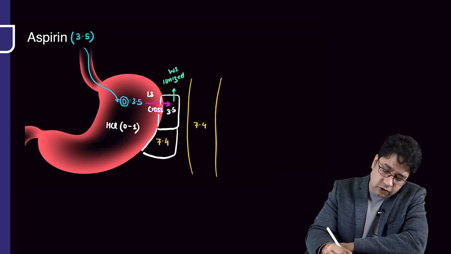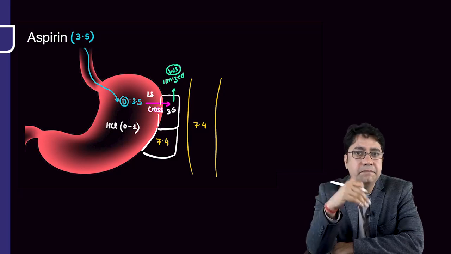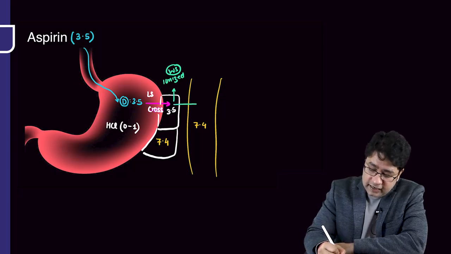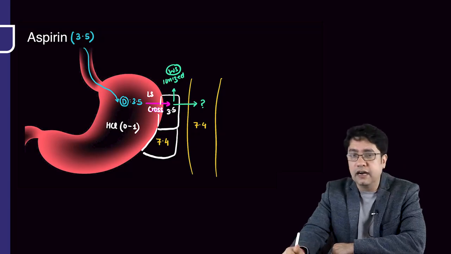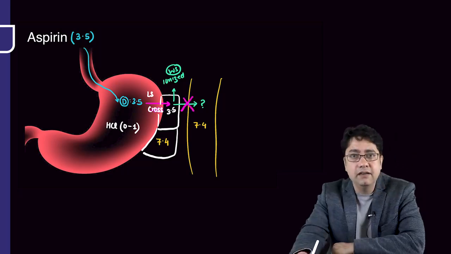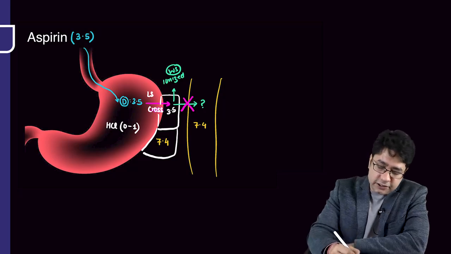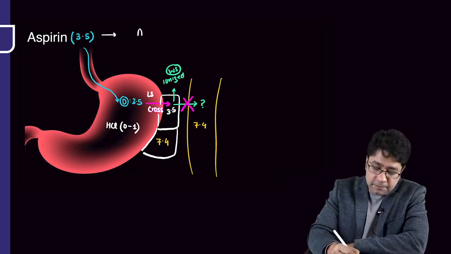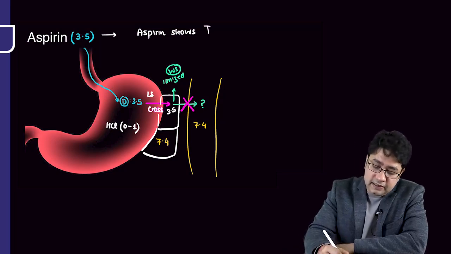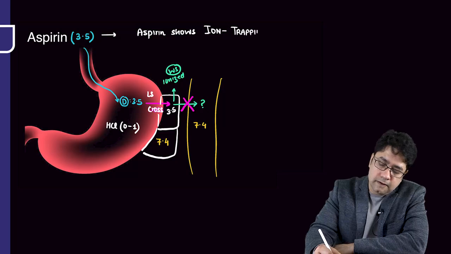It becomes water soluble because the acidic drug is in a basic media. So my question is, will it come outside and enter into the blood? No, sir. An ionic drug or water soluble drug cannot cross the cell membrane barrier. Hence, aspirin becomes ionized and gets trapped inside the stomach cell. We call this ion trapping of aspirin inside stomach cells.